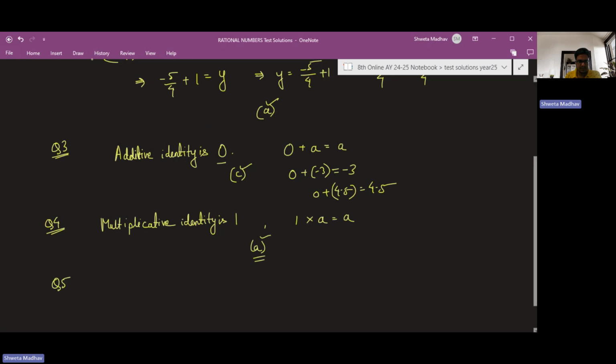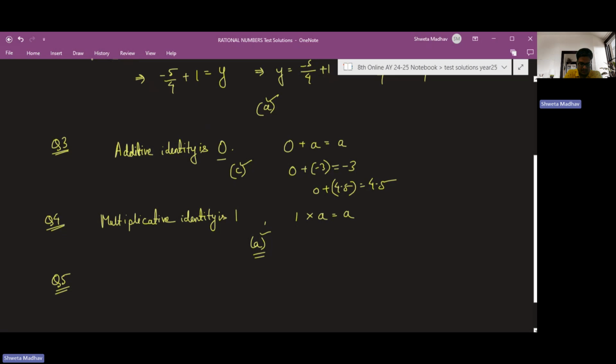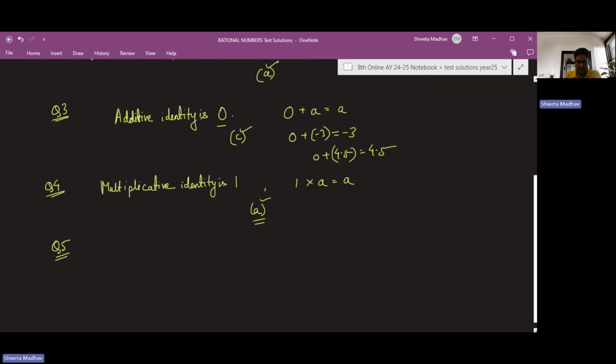Then in question number 5, it has been told, which of the following is neither positive nor a negative rational number?